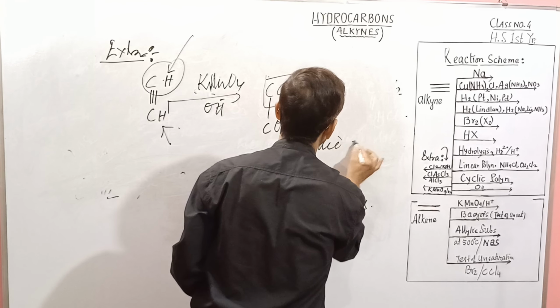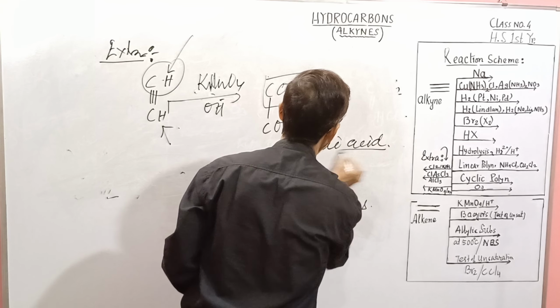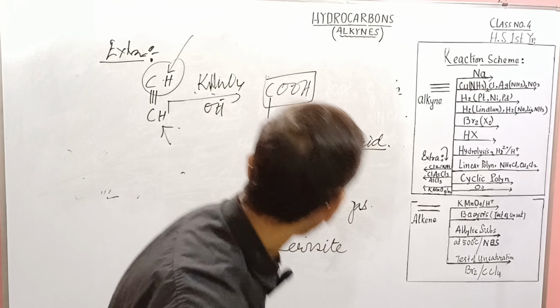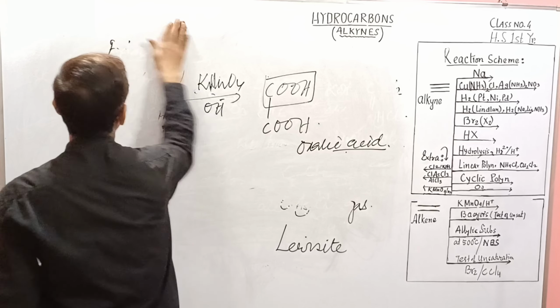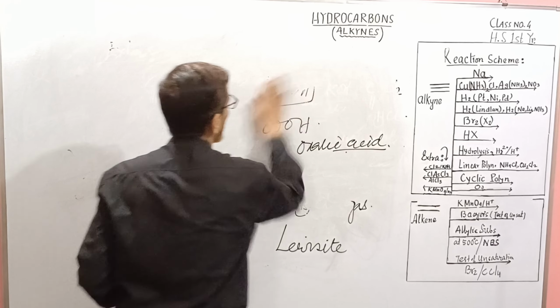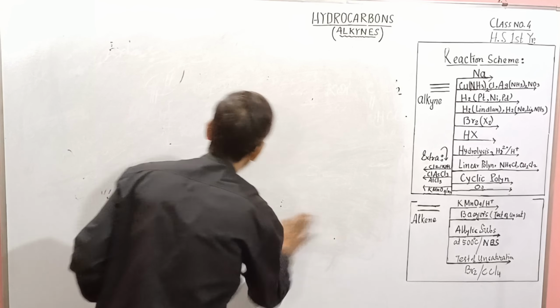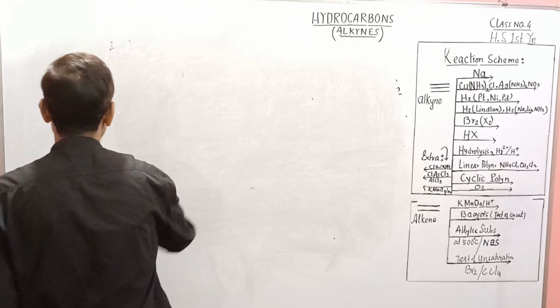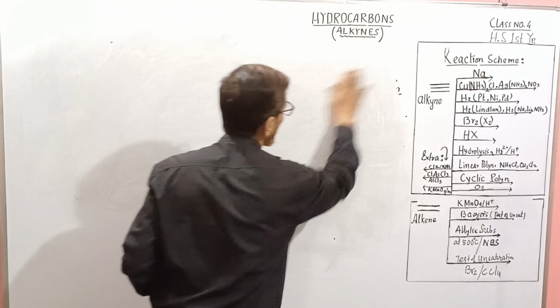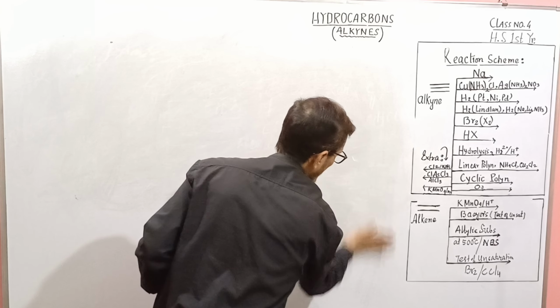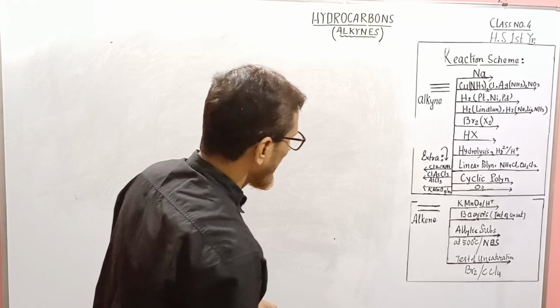So this is all about alkyne, the triple bonded compounds. Now, some very important things which I skipped due to lack of time in the alkene chapter.